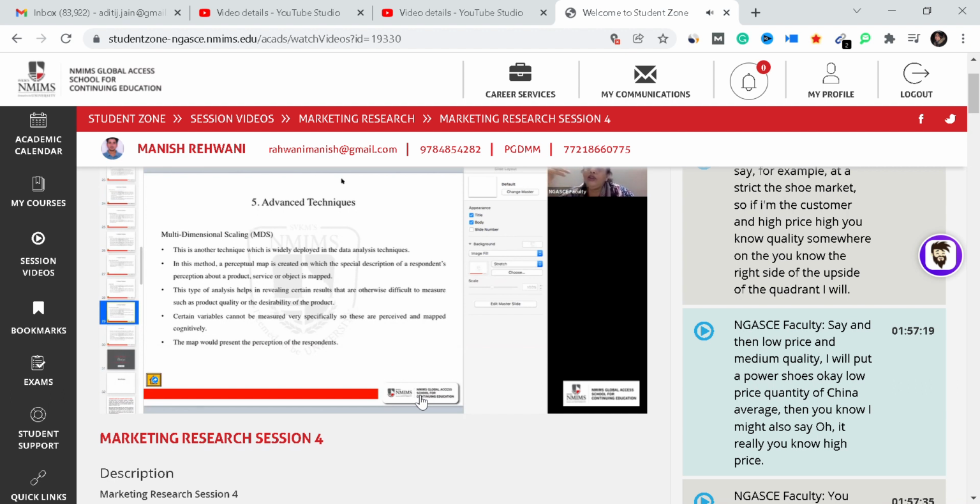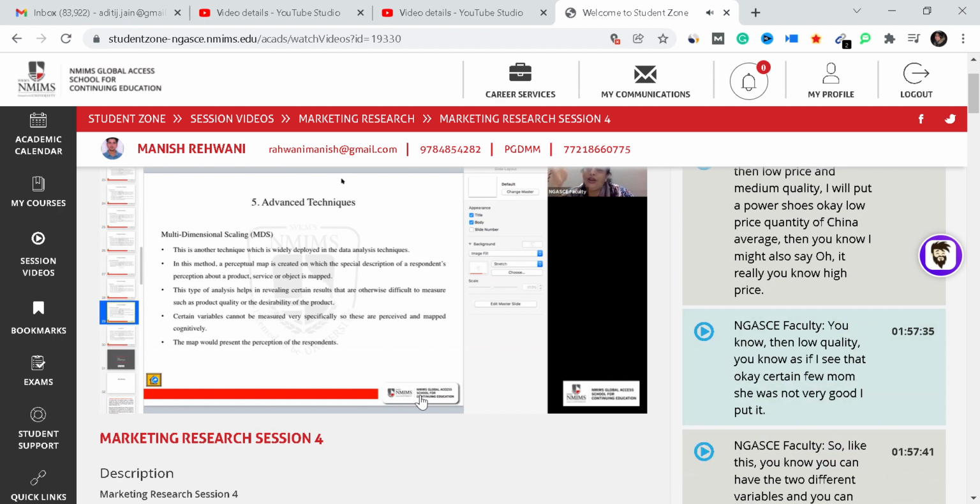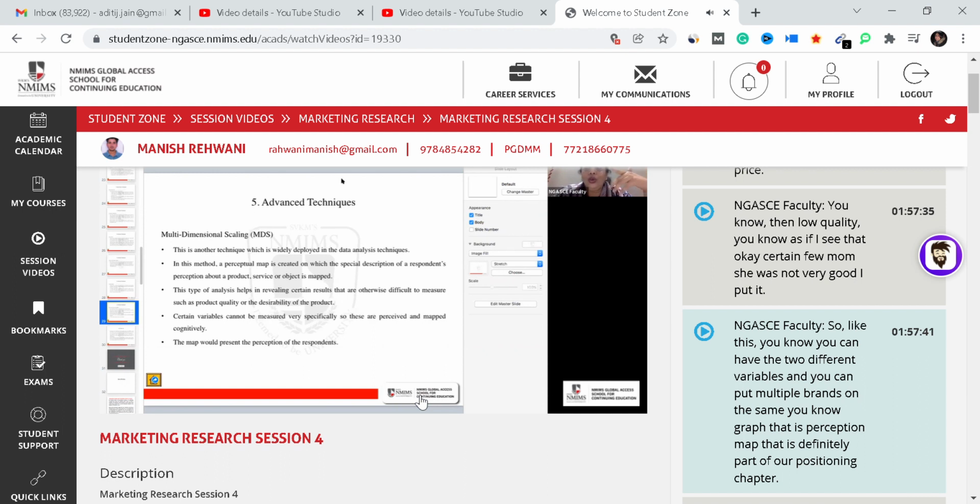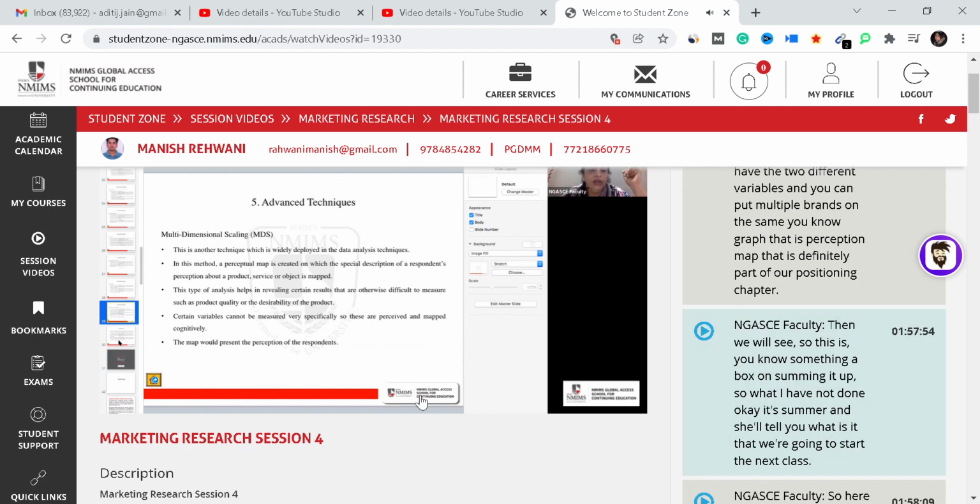Then I might also say high price, then low quality. If I feel that, okay, this Puma shoe is not very good, I'll put it there. So you can have two different variables, and you can put multiple brands on the same graph. That is a perceptual map. That is definitely part of our positioning chapter. Then we will see it.